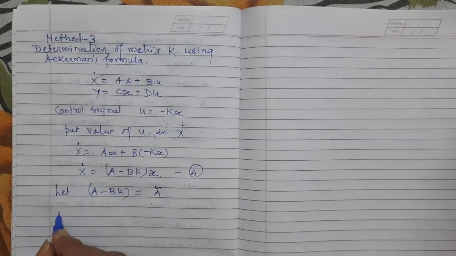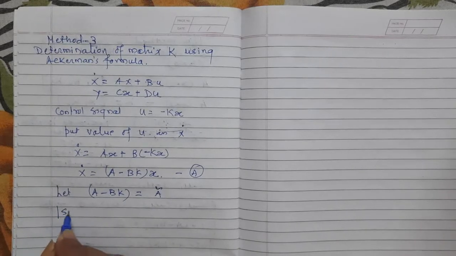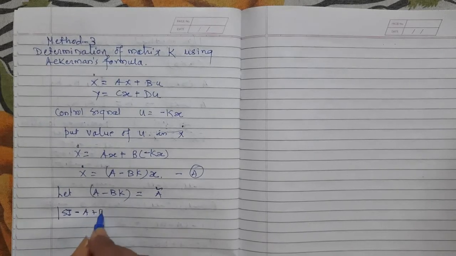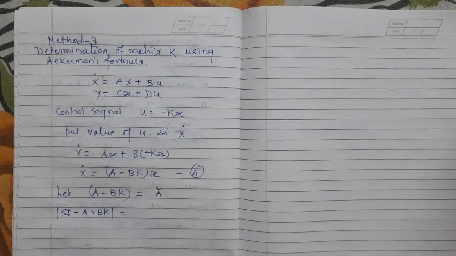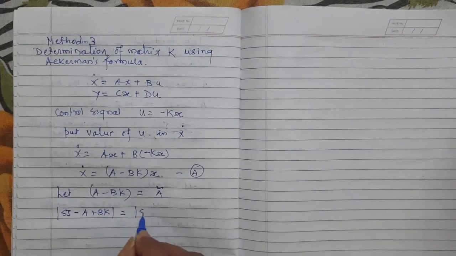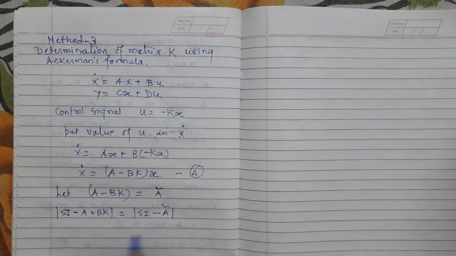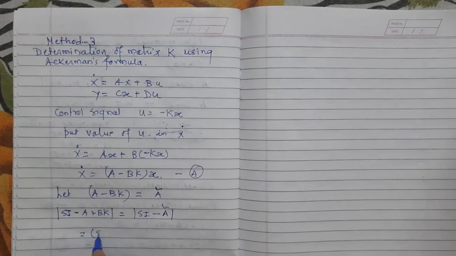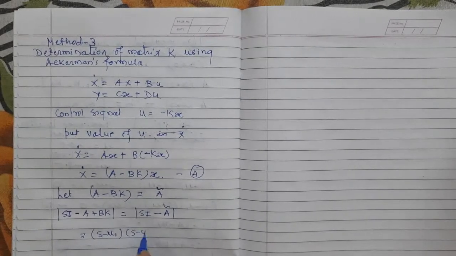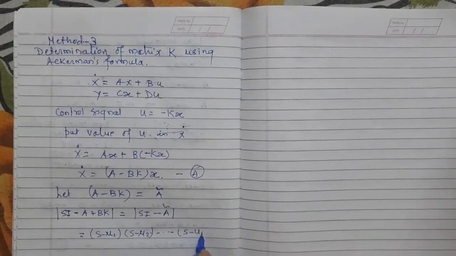If we find the roots of this one, we have s i minus a plus bk, and instead of this we can write s i minus a bar, which equals (s minus mu1), that is our desired location of the poles, (s minus mu2) up to (s minus mu n).